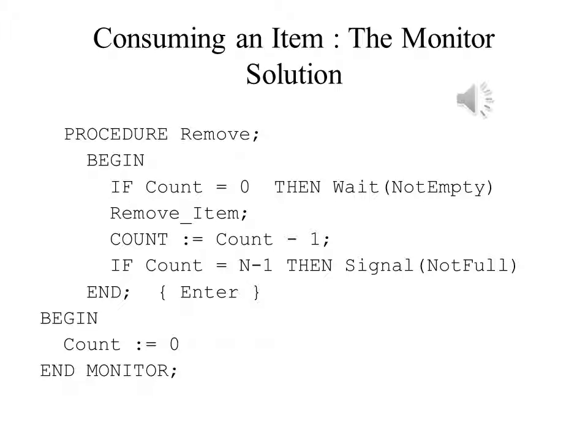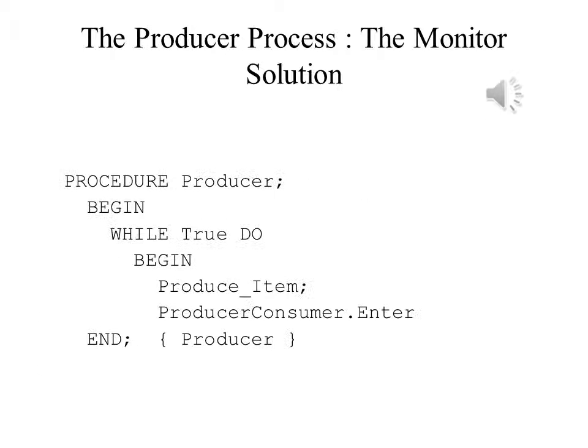The last line at the bottom is the initialization block, where we initialize count to 0, indicating that initially there are no buffers that have anything in them. The producer process simply produces and then uses the monitor to enter its contents into an empty buffer, waiting for one if it's necessary.